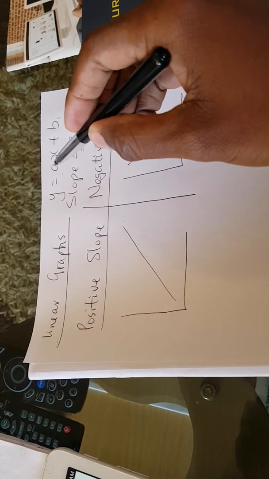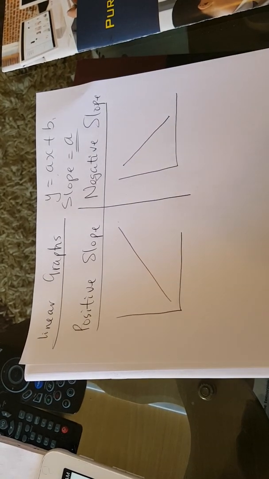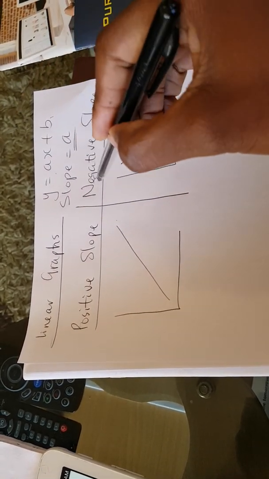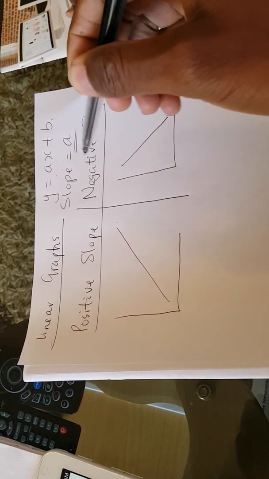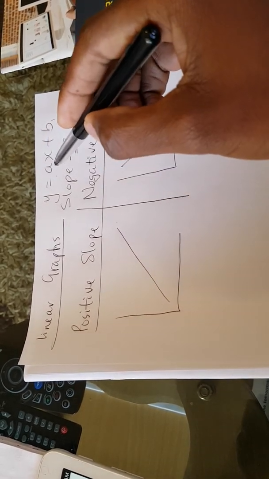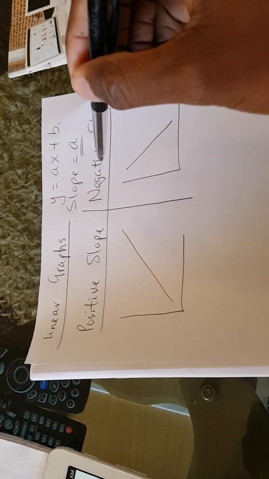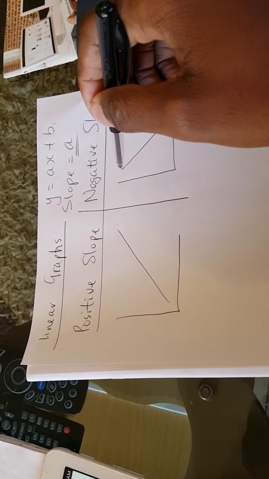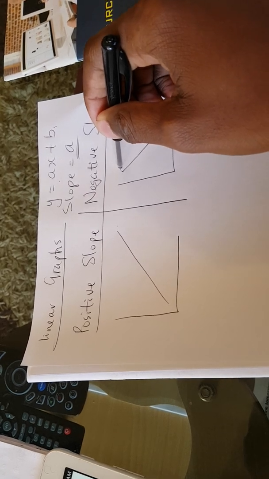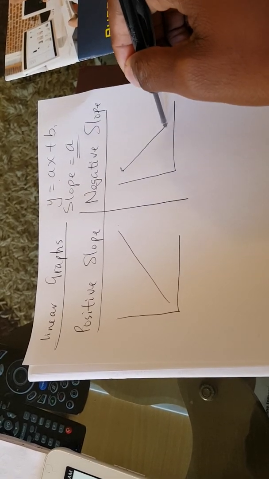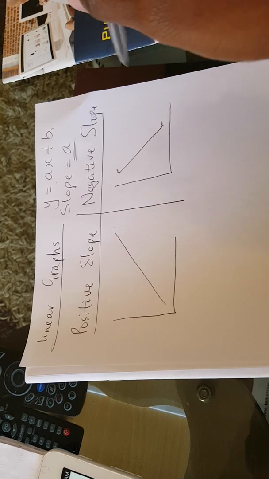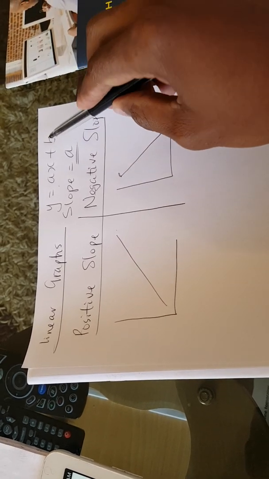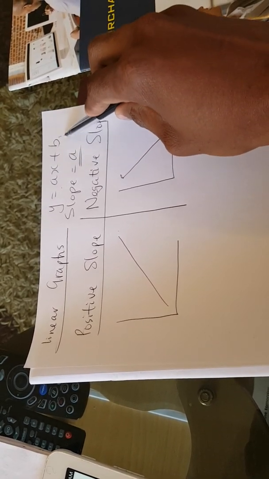If the value of a is a negative number, it means you have a negative slope. If they just say y equals negative 2x, you must expect a negative slope. A negative slope is a line that is falling down like this one. And b refers to the y-intercept.